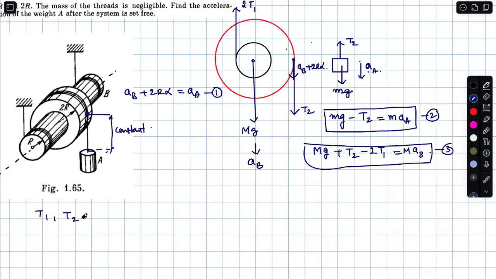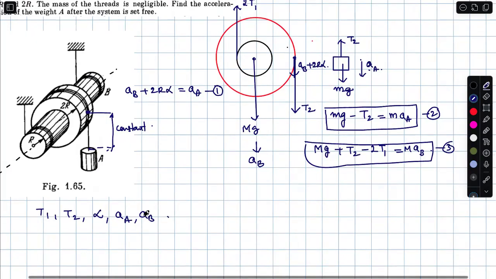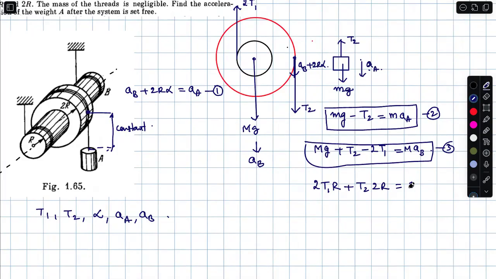T1 is an unknown, T2 is an unknown, alpha is an unknown, AA is an unknown, AB is an unknown. 1, 2, 3, 4, 5 equations are required. I could manage only 3 by this time. What else? Torque equation here. 2T1 times R plus T2 times 2R is I alpha. What is the fifth equation?